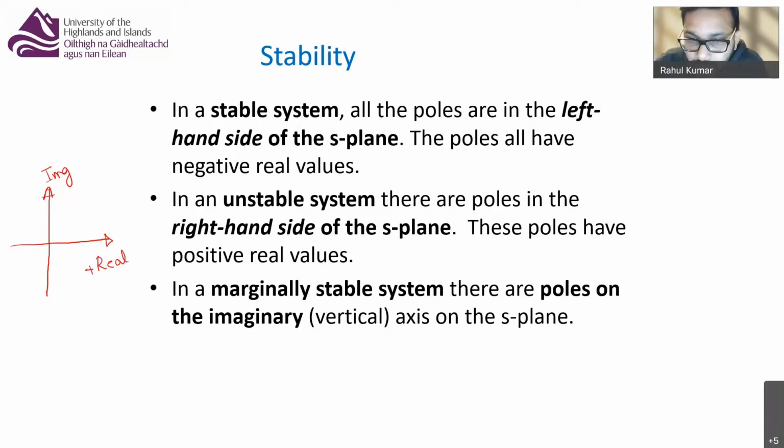So this will be the positive real axis, this will be the positive imaginary axis, this will be the negative imaginary axis, and this side you will have negative real.